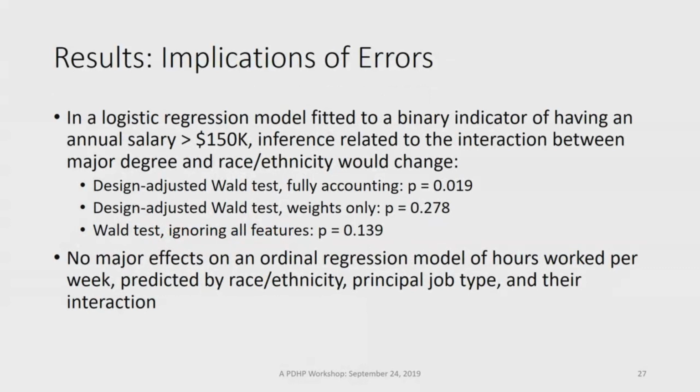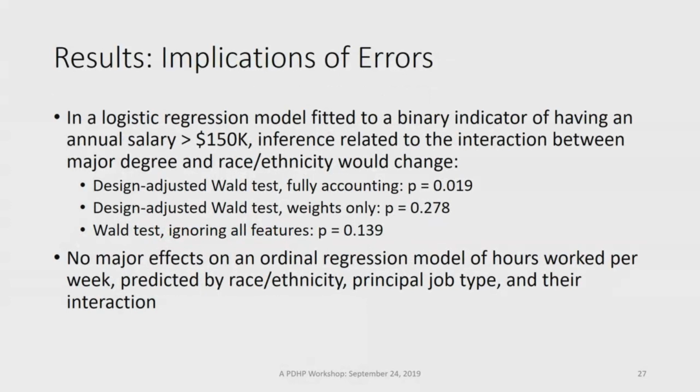If you do a design-adjusted analysis, fully accounting for the complex sampling features, you find evidence that this interaction actually matters. You can talk what you want about p-values, but there's evidence at about a 5% level that this interaction matters. If you ignore the stratification in the analysis, and only use the weights and do the exact same test with the exact same sample size, look what happens. At no level could you argue that that interaction matters.